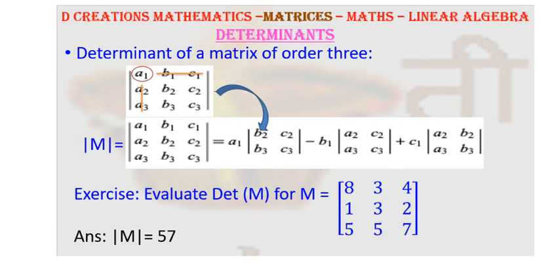Once you find it out, I am just giving you the final answer. Just tally with it, and I'm sure you would have got the correct answer. If you have made some mistake while writing down the structure, or in the calculations, that is the only cause why it would go wrong. Otherwise, it's a simple, straightforward thing.